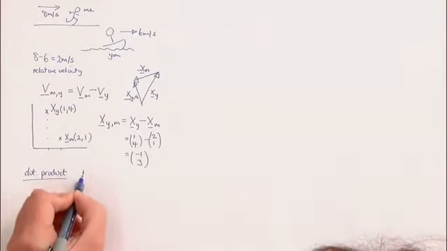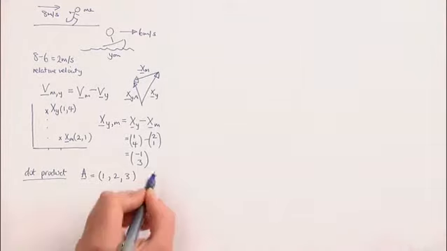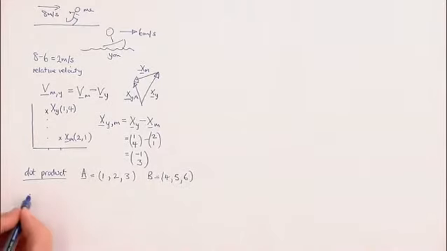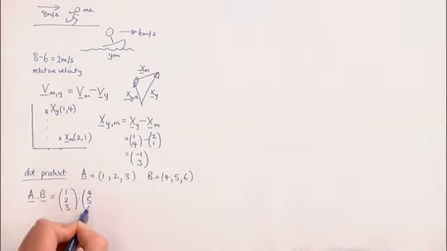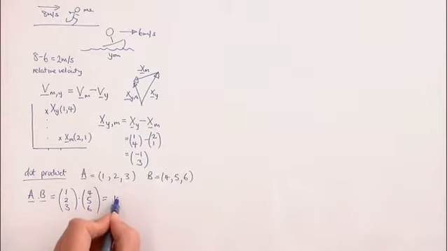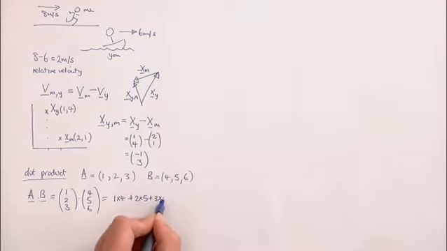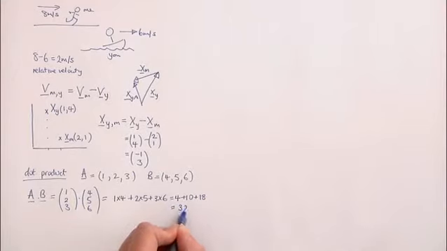So, for example, if A is the vector (1, 2, 3) and B is the vector (4, 5, 6), then the dot product is 1 times 4 plus 2 times 5 plus 3 times 6, which is 4 plus 10 plus 18, which is equal to 32.